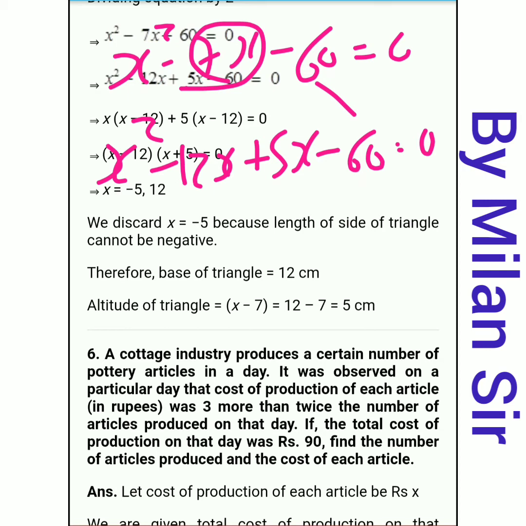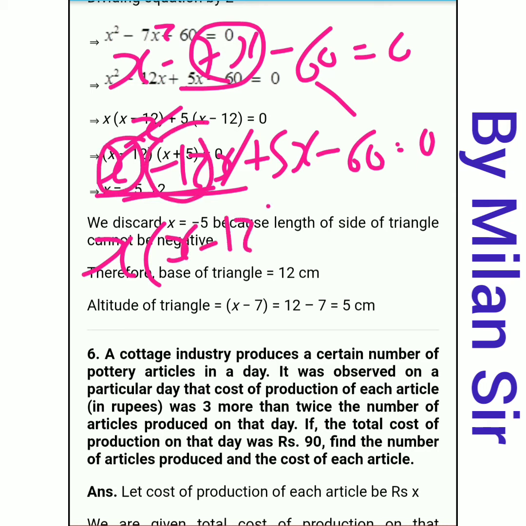We need to split our middle term into two factors. Now from first two terms we can take x as a common. So 1x we need to cut from first term, 1x we need to cut from second term. So what is remaining? Here x, here minus 12. So same bracket we need to write again, x minus 12.